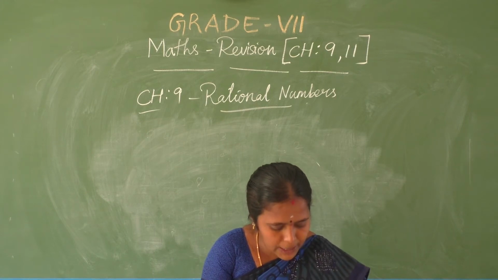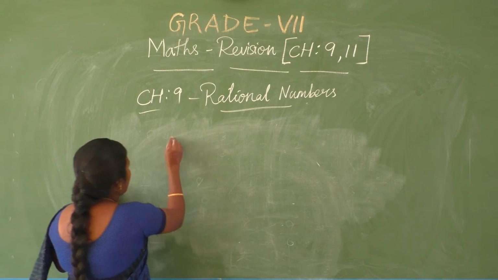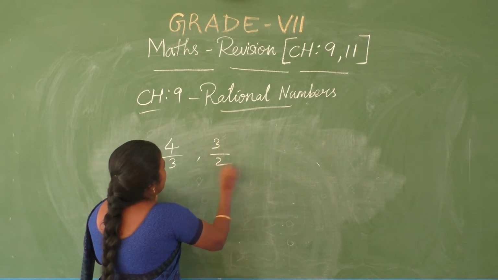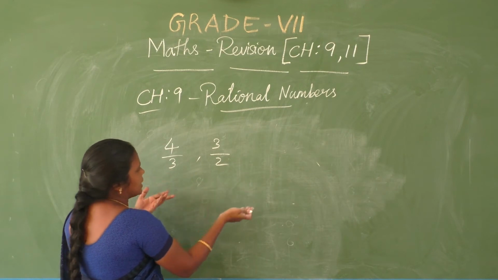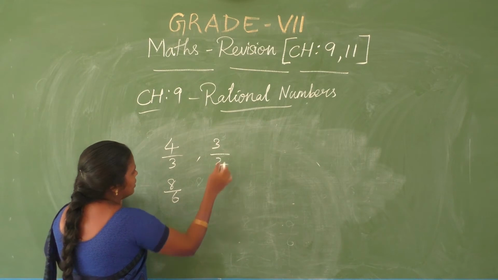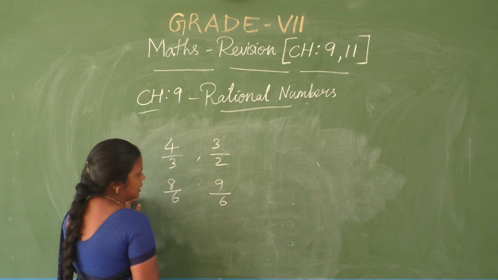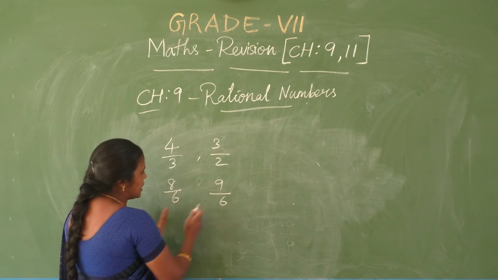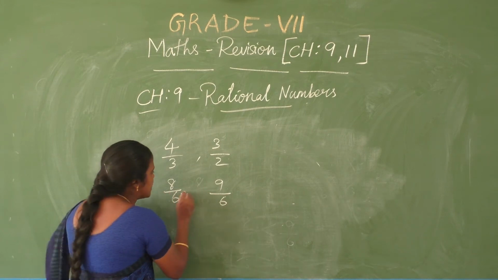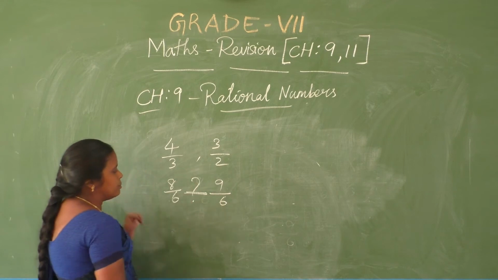See, for example, just now we have taken 4 by 3, comma 3 by 2. By taking the LCM, what I got for this is 8 by 6. Here 9 by 6 we got. Yes or no? Now 8 by 6 and 9 by 6 are like rationals. Positive like rationals. Between them, how many rational numbers are there?